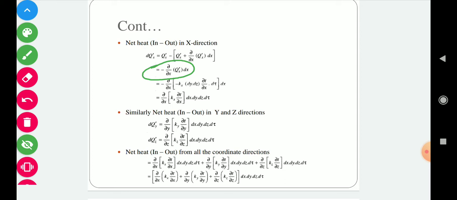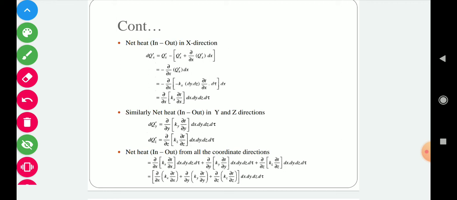Now if we want to calculate temperature of the body, then we can replace this q by some temperature terms, and that can be done with the help of Fourier law of heat conduction. The Fourier law of heat conduction states that q equal to minus kA dT by dx into d tau.